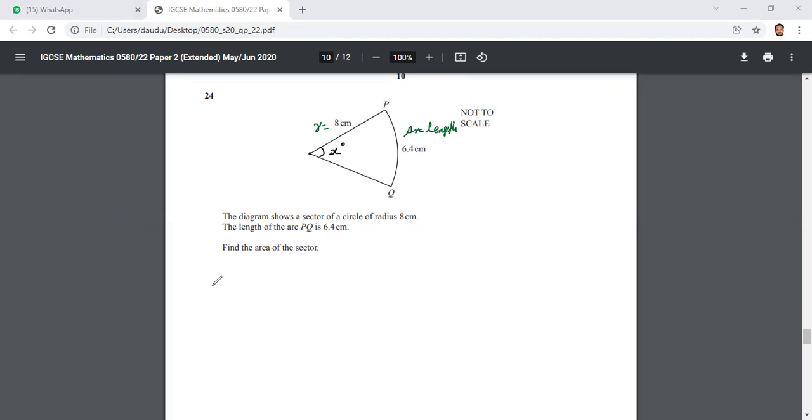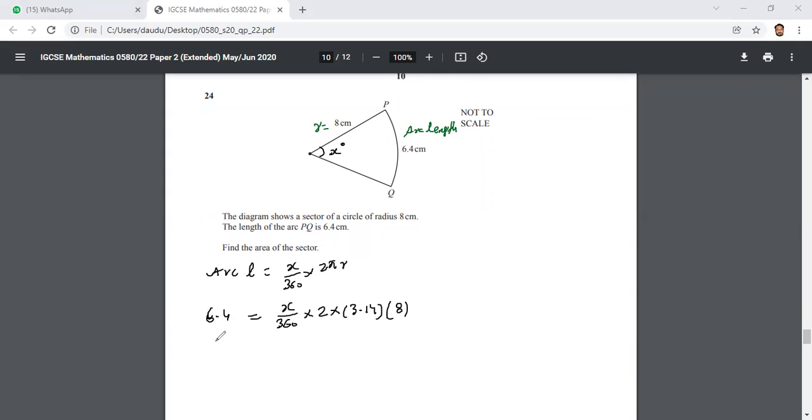Okay. So the arc length formula is x over 360 multiplied by pi r. So it gives me x, we don't know, 360 multiplied by the value of pi 3.14, and r we have 8, and arc length is 6.4.